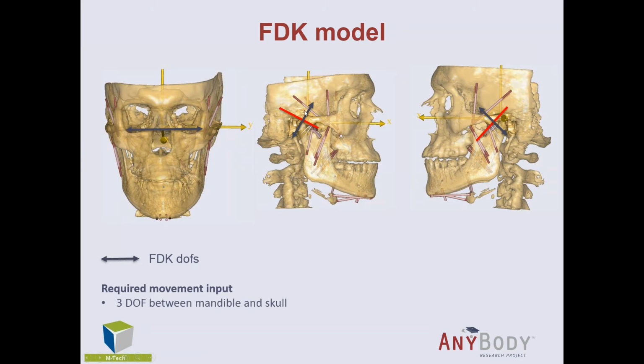So just in very simple terms, what's going to happen in these FDK degrees of freedom is that for every time step throughout the analysis, we are going to find static equilibrium between every acting force in the system.